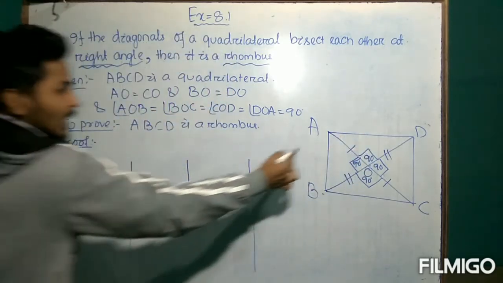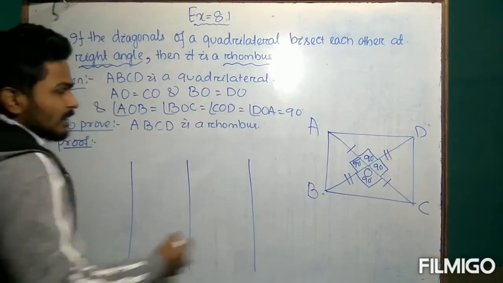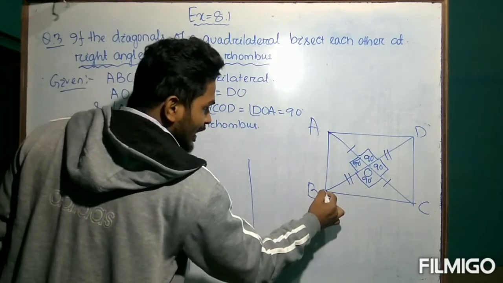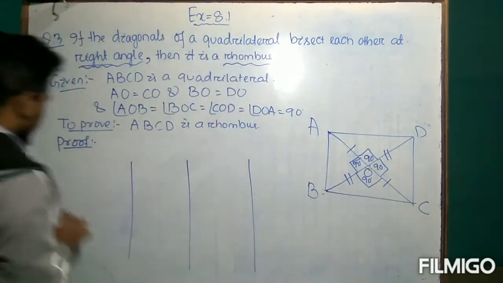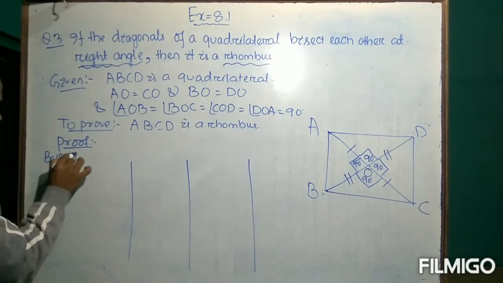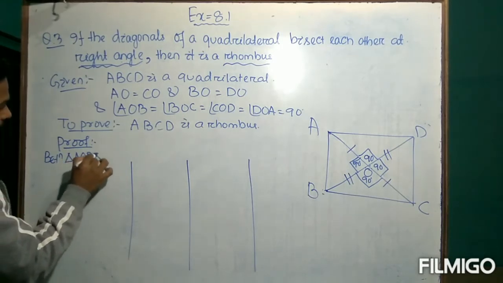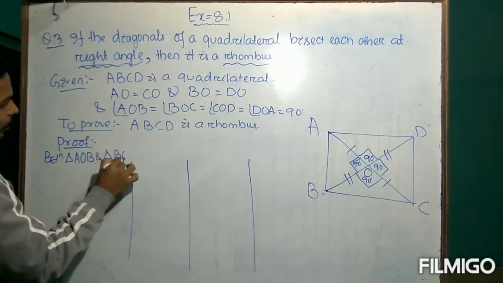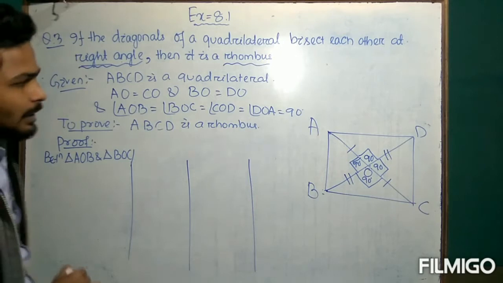So we have to compare 4 triangles. Let us first compare triangle AOB with triangle BOC.